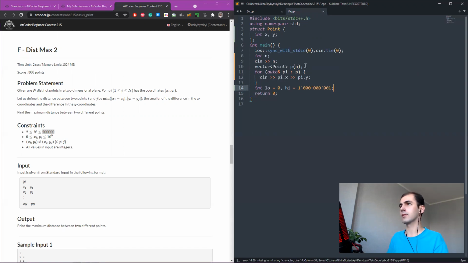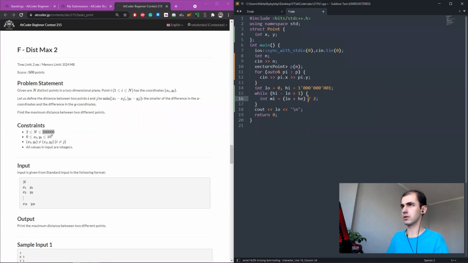However, binary search: this answer is never possible, meaning that we know that we have to output low, because low is always possible. So while high minus low is at least 1, middle gets low plus high over 2. And because this value is only 1 billion, we can as well do that.